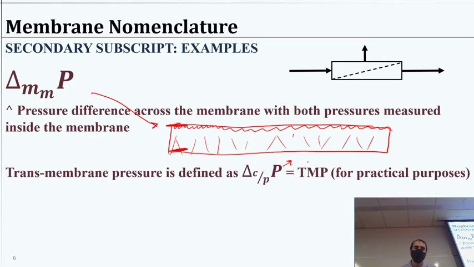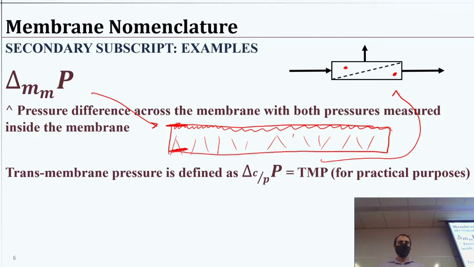So this is actually talking about the bulk solution, not even at the interface. It's out in the bulk solution on either side. So I'll use the other diagram for that. This one would be measured with pressure gauges here and here, which is a lot easier to do because you can put those in line in the pipe leading up to it and leading out of it.